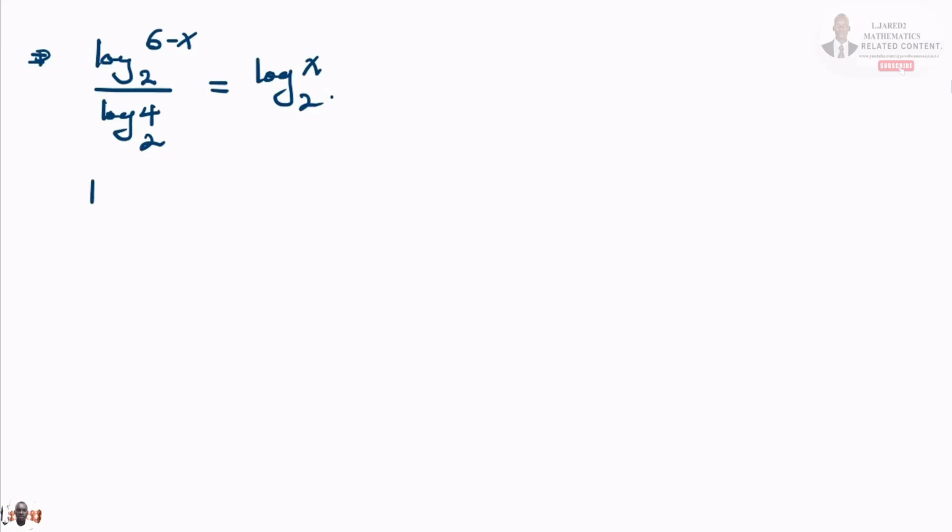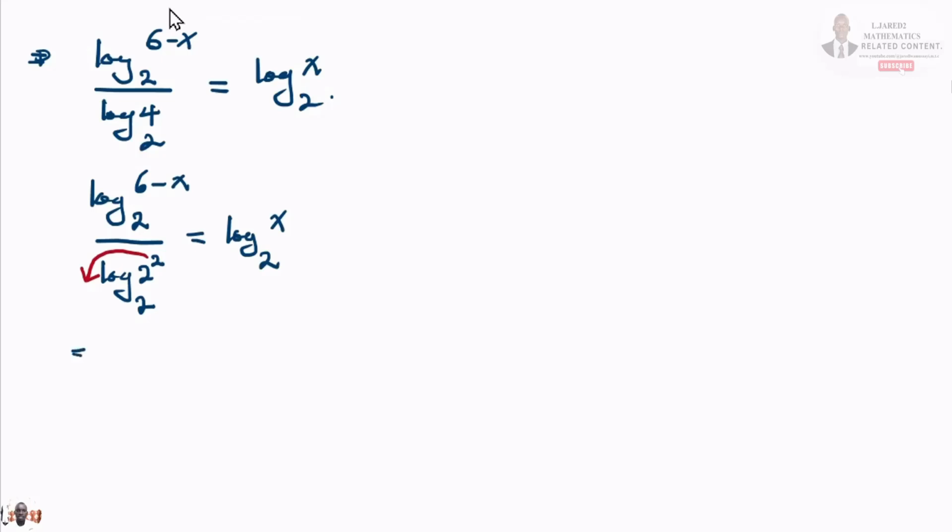So it means we have the log of 6 minus x base 2 divided by the log of 2 squared. We see that 4 is the same as 2 squared, but base 2, being equal to the log of x base 2. As we follow the rules of logarithms, this 2 is going to fall that side and remain with log of 2 base 2, which gives us a 1.